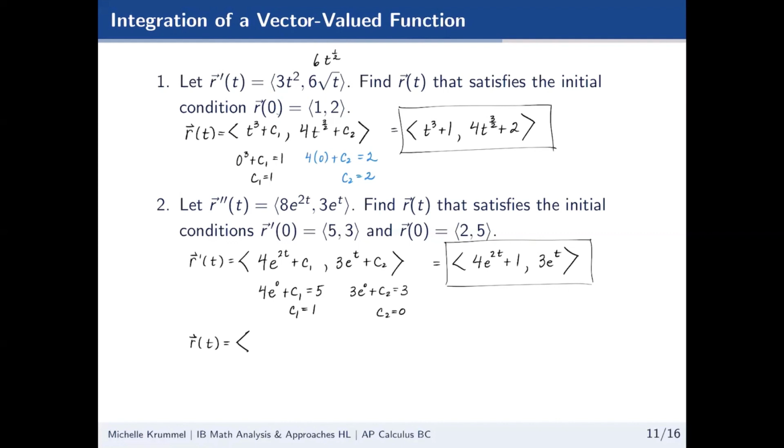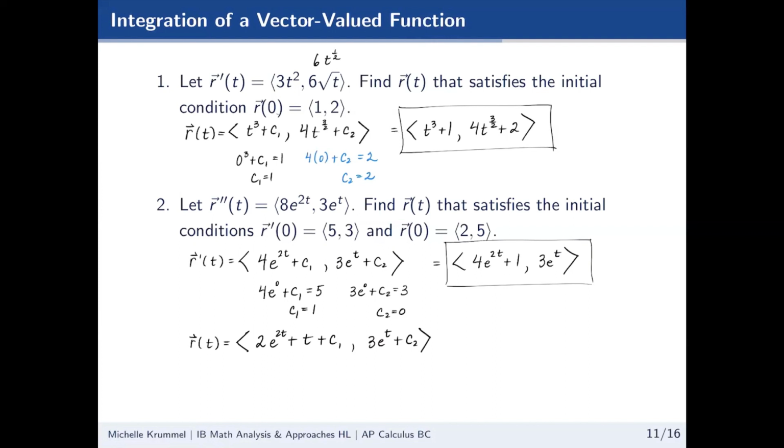So the antiderivative for e to the 2t is e to the 2t divided by 2 times the 4 that's already there, makes it 2e to the 2t. Then plus the antiderivative for 1 is going to be t, and plus our constant term, c1. Then integrate 3e to the t dt, we get 3e to the t plus c2.